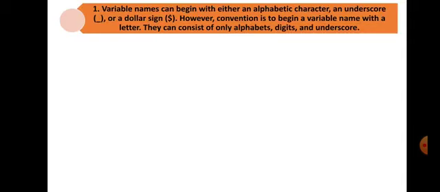Now here, variable names. What are the precautions that you have to follow when you are dealing with variables? The first point is, a variable name can begin with either an alphabetic character, an underscore, or a dollar sign. However, convention is to begin a variable name with a letter. They can consist of only alphabets, digits and underscore.